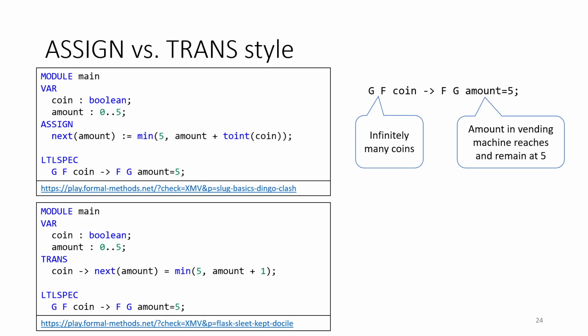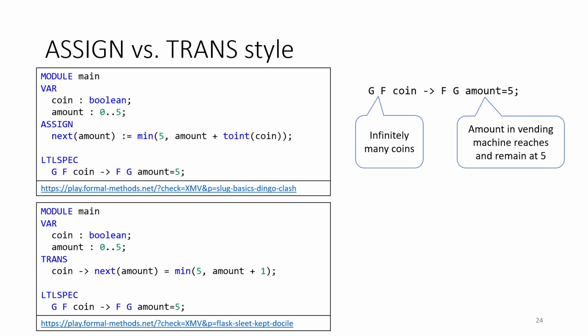And in all other cases, let's say amount is 0 and coin is false, what value will we have in the next state for amount? Amount currently is 0. Coin is false, so this means it's 0 plus 0. And the minimum of 5 or 0, that's 0. So the next value will remain 0.